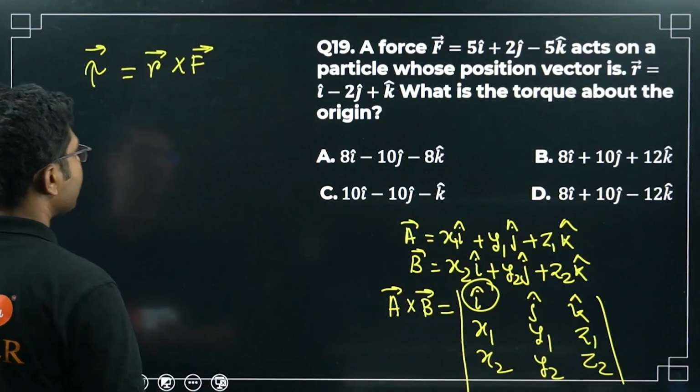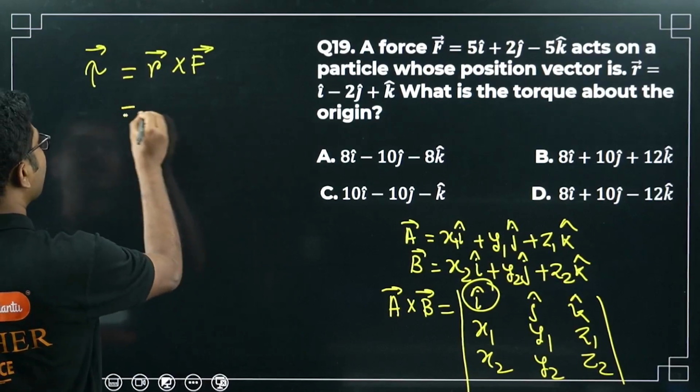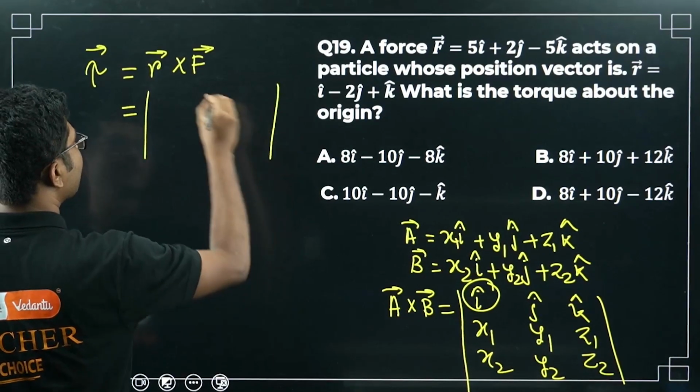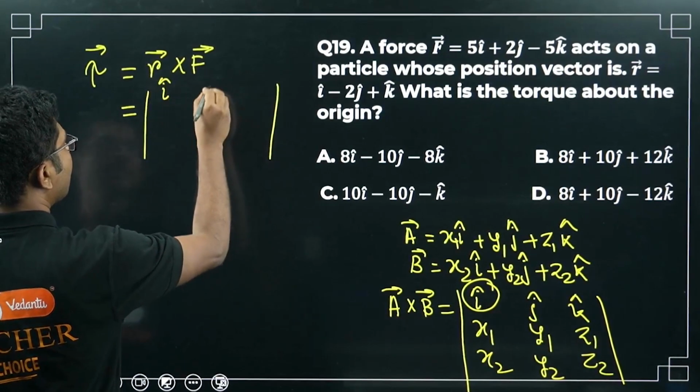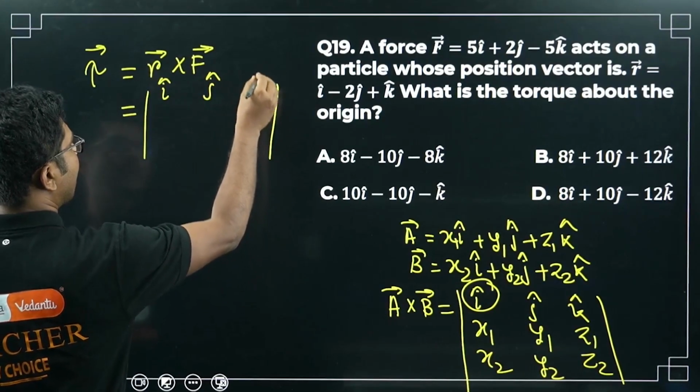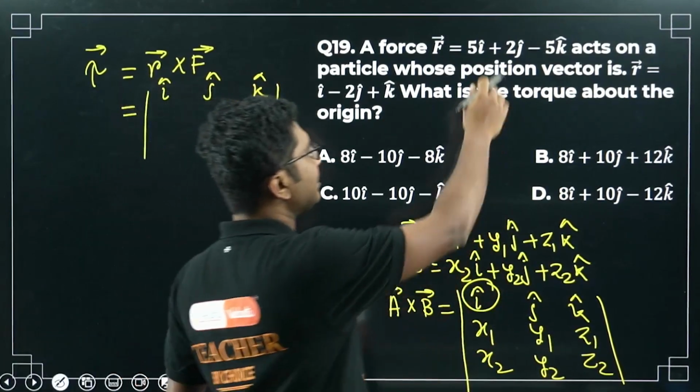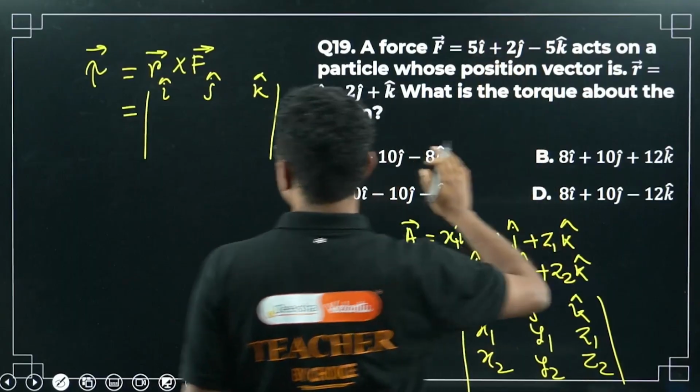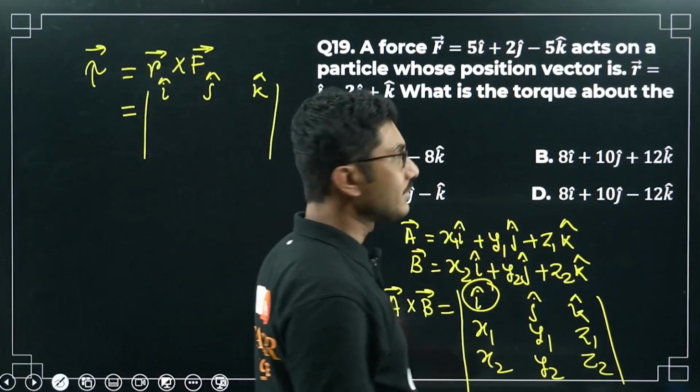So what is r cross F here? First we will write i cap, j cap, k cap. In case some of them are 0, suppose no j cap is there, then we would have written 0 in case of j cap.